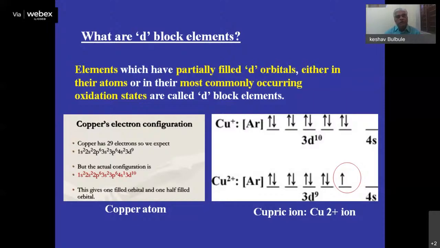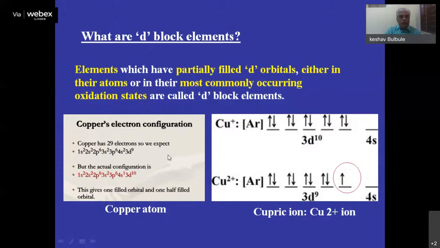The complete definition is: elements which have partially filled d orbitals either in their atoms or in their most commonly occurring oxidation states. For this, I have one typical example. Copper, with atomic number 29, has the electronic configuration 1s2, 2s2, 2p6, 3s2, 3p6, 4s1, and 3d10. 3d10 means it has no incompletely filled d subshell.